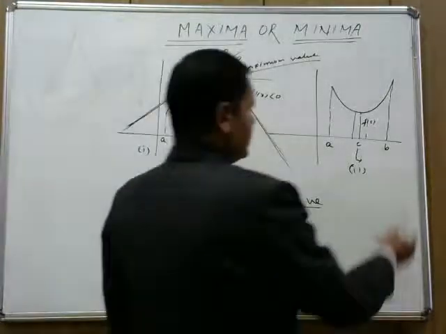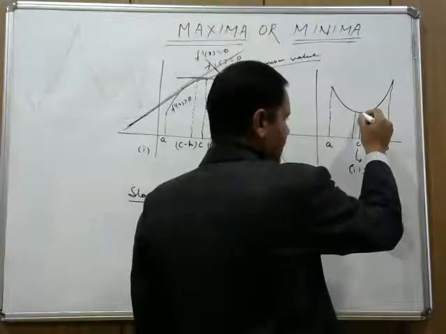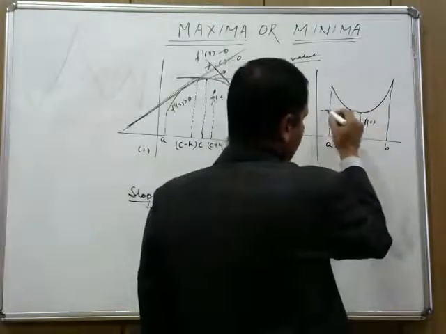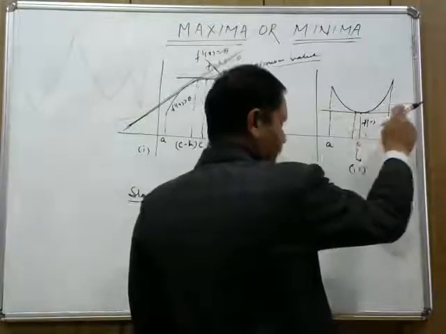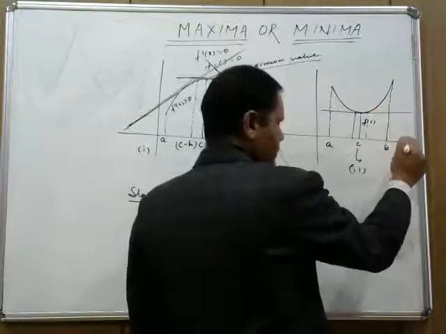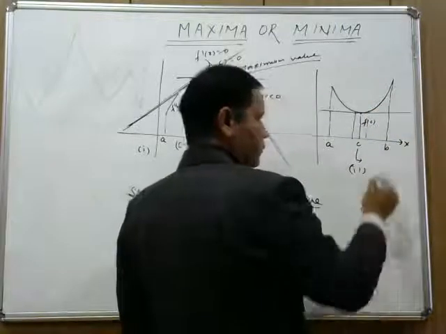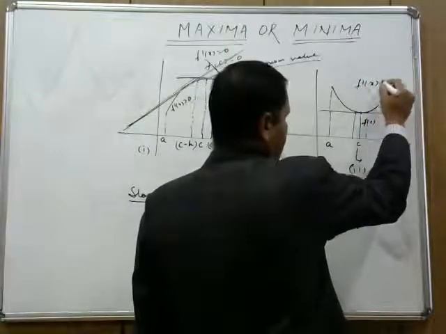And here at the point C, if I draw the tangent line, it will be parallel to the x-axis. Therefore its slope is 0, so here f dash of x is equal to 0.